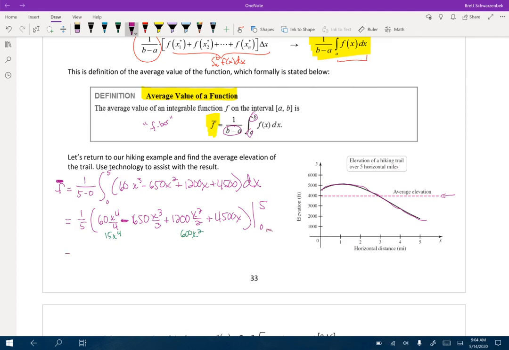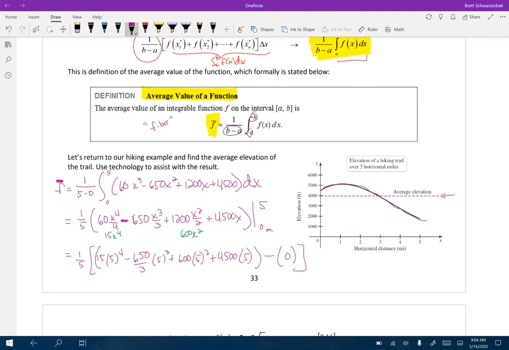But we do have the 1/5 on the outside, and then we substitute in 15 times 5 to the 4th, minus 650 thirds times 5 to the 3rd, plus 600 times 5 squared, plus 4500 times 5. And that is all going to be minus a big fat 0, right?